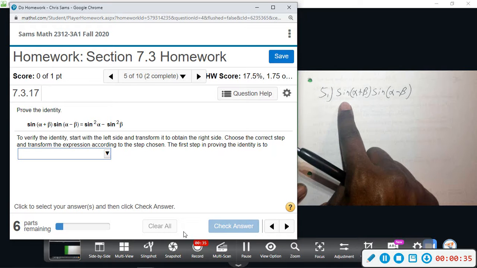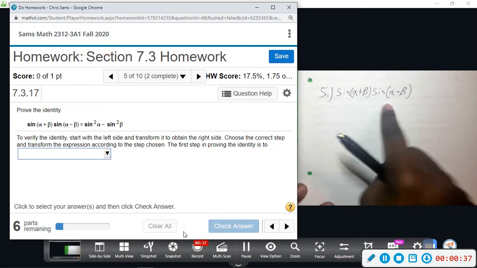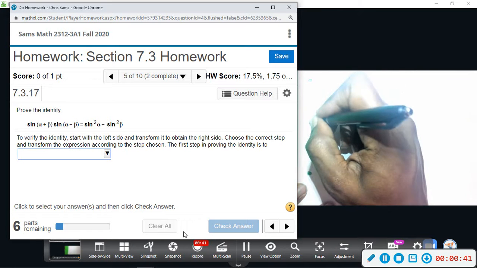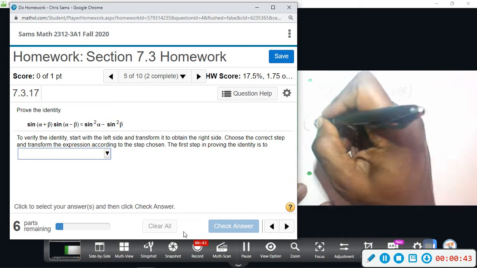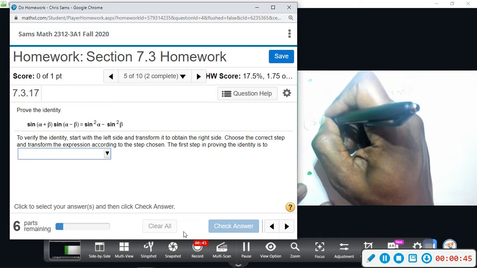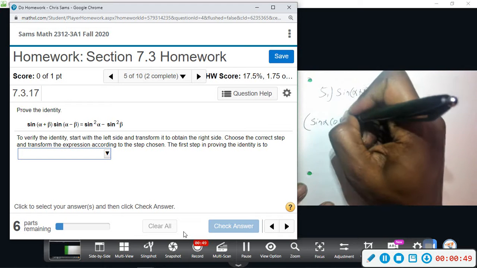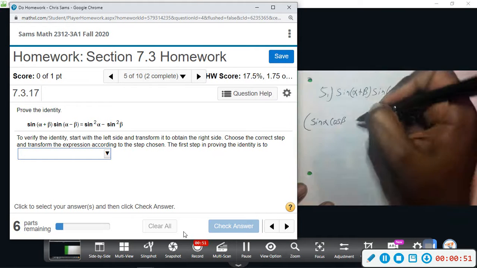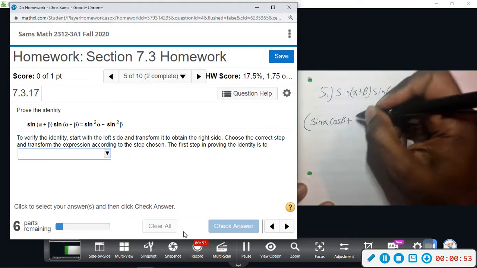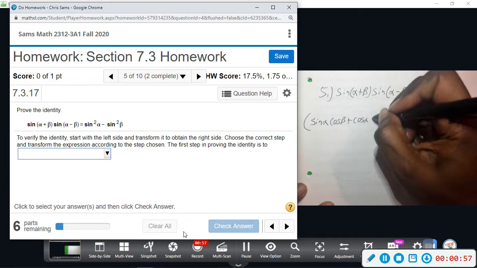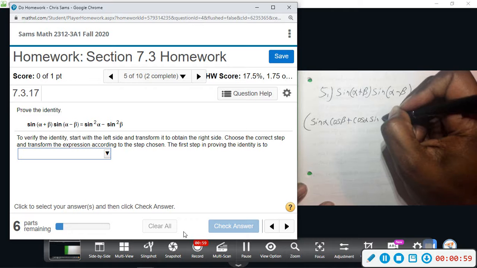We're going to apply the sum and difference formula. So with this one we have, I'm going to put them in parentheses, they're pretty big, sine of alpha cosine of beta plus cosine of alpha sine of beta.